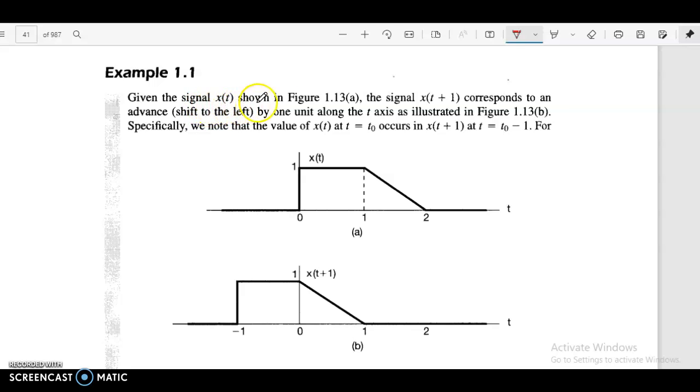The example x of t is shown in figure 1.13a. The signal x of t plus 1 corresponds to an advanced shift to the left. This is x of t. This one came here.